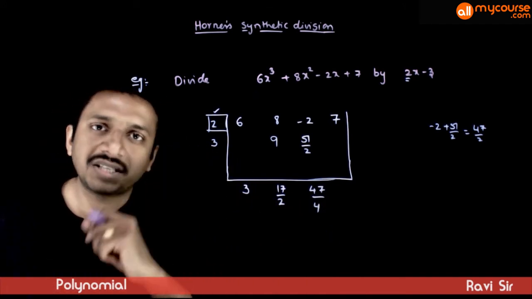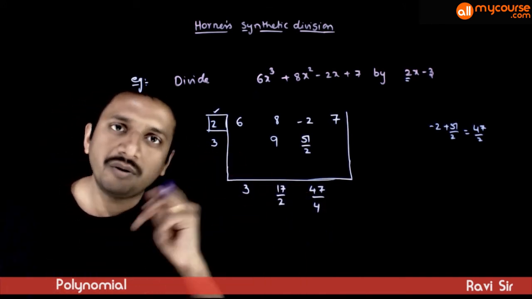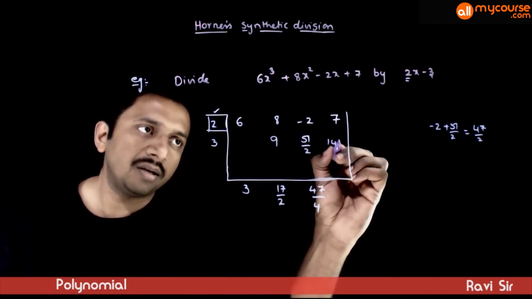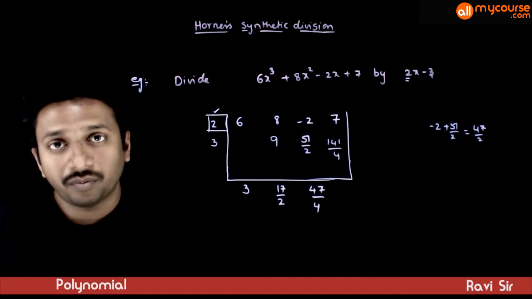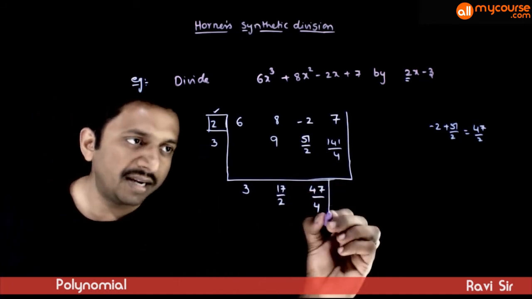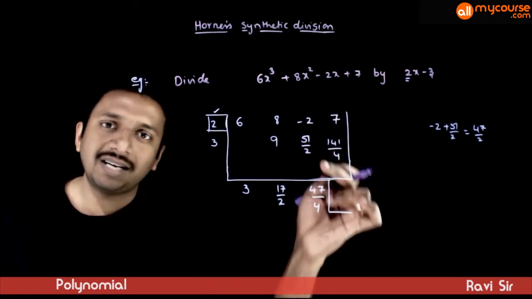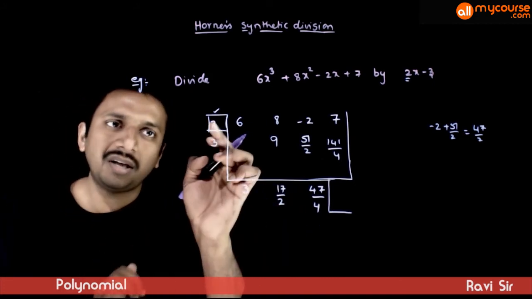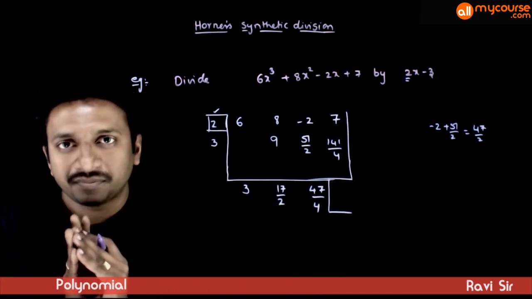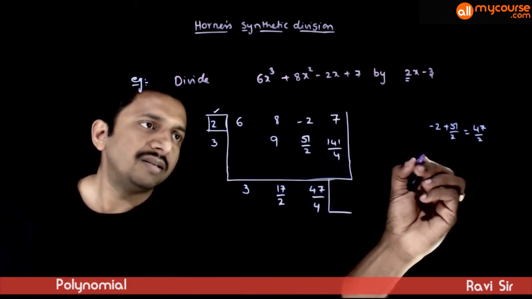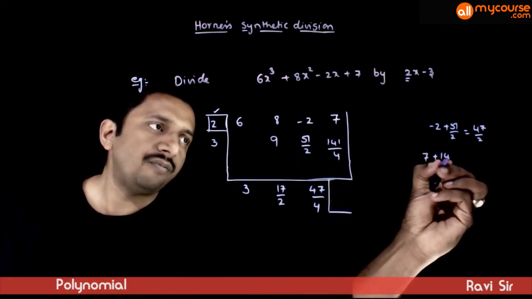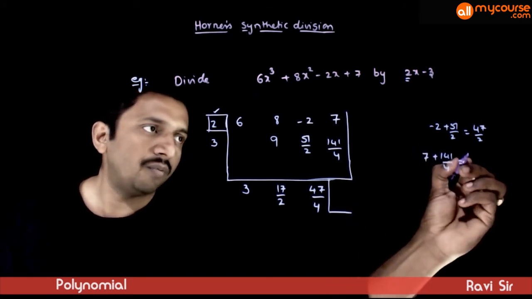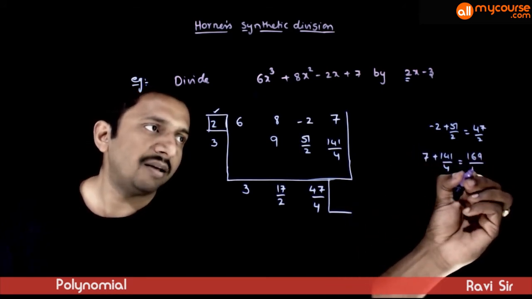Now 3 into 47 by 4. 120 plus 21, 141 by 4. And in the remainder part, you can directly write the answer. So till you are dealing with the quotient, you need to divide with 2. So now what is the remainder? 7 plus 141 by 4. That is 28 plus 141, 169 by 4.